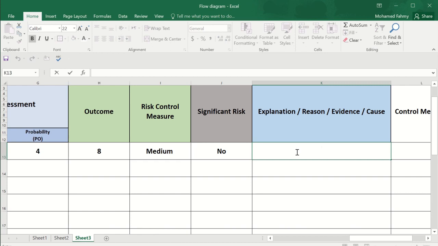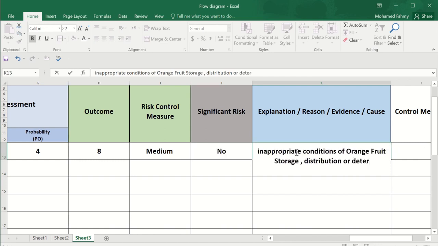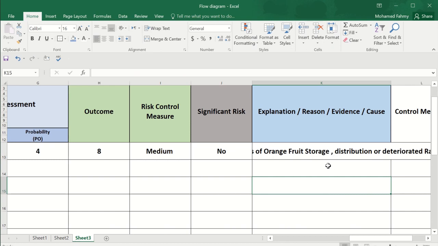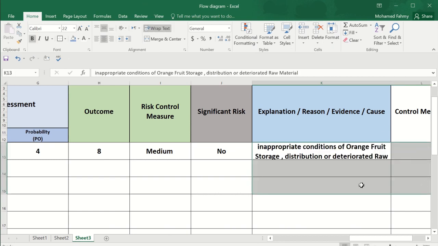The reason is inappropriate conditions of orange fruit storage, the distribution, or deteriorated raw material, which will cause physical contamination of the orange fruit.